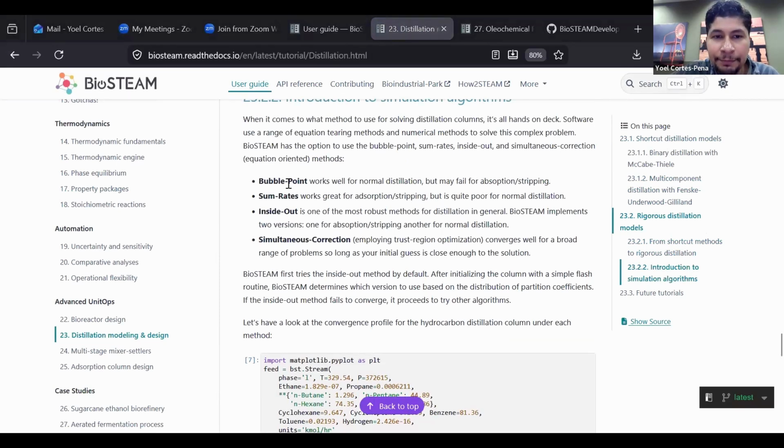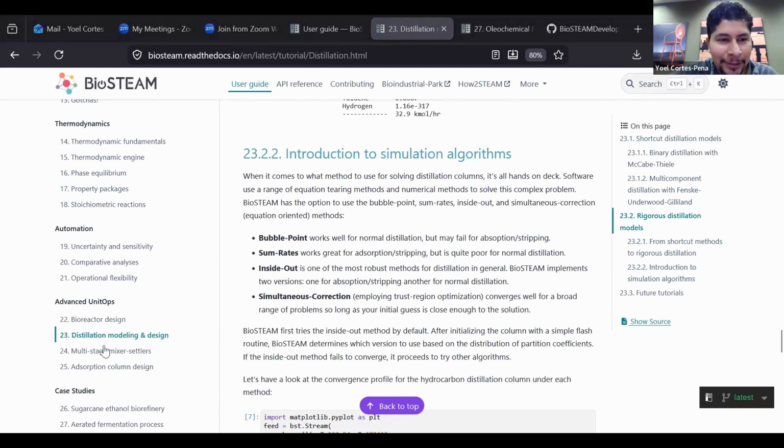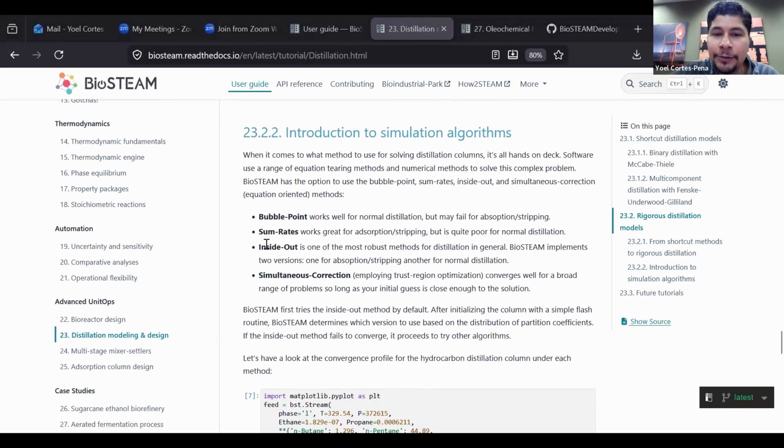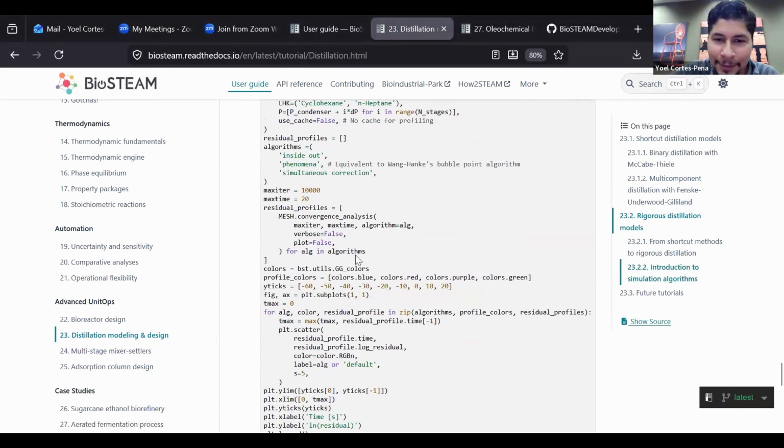And we have a number of different methods that are used. If you're curious to know more about that, you can check out the distillation modeling and design tutorial that goes over it. But we use the most robust method out there, which is the inside-out method, which is what Aspen uses for RadFrac. It's complicated.